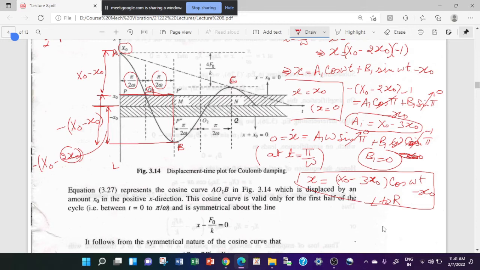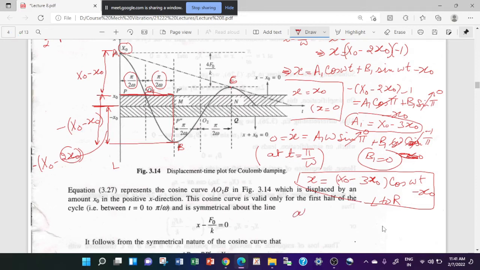So you can see here, when you have this point, at this point what is the value of t? It is basically 2 pi upon omega.